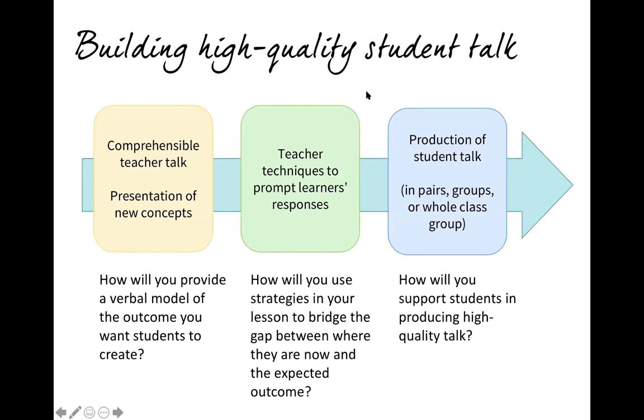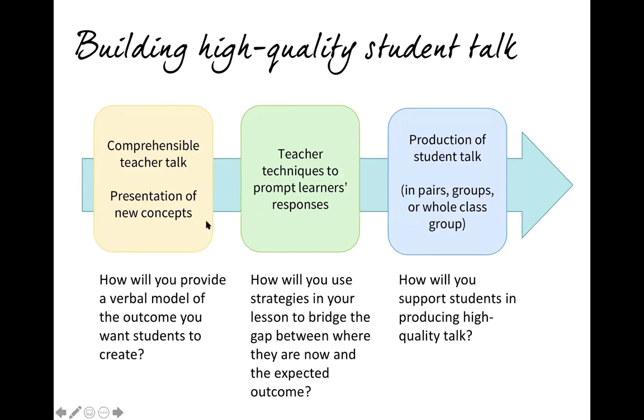I think an important thing to remember here is that these tasks are most useful when we're working on building in high quality student talk. So we're moving along a continuum once we've done some pre-teaching, and pre-teaching is also an opportunity for student talk and to verbalize their understanding.